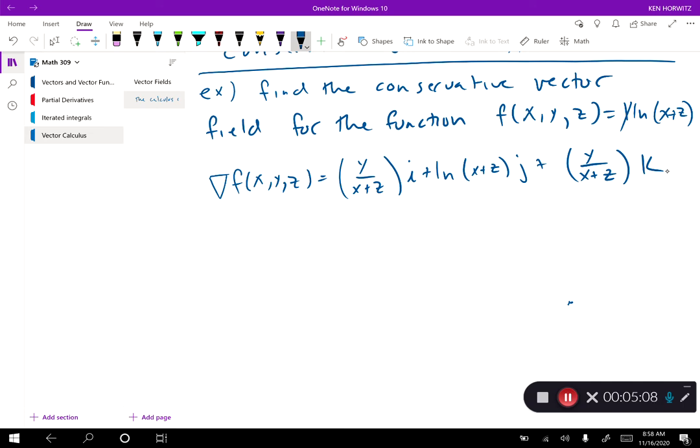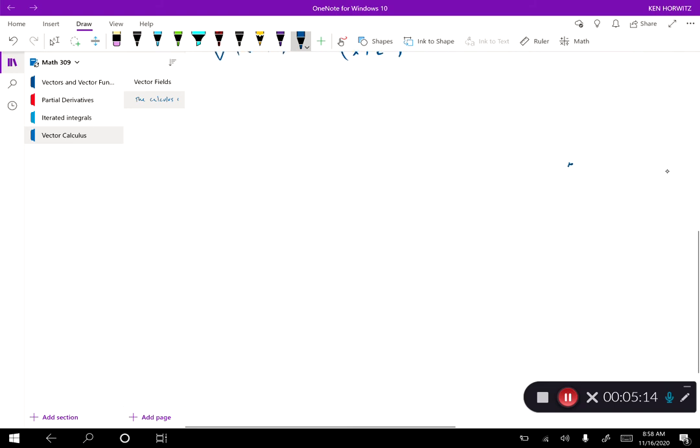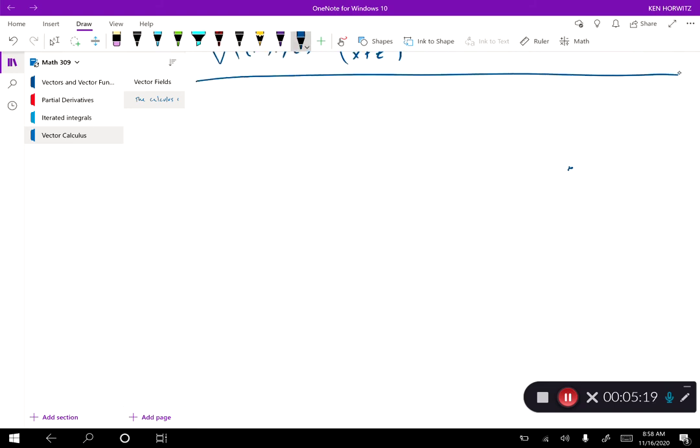But what if I gave you a vector field and wanted you to tell me if it was conservative or not? There is a test for a conservative vector field.